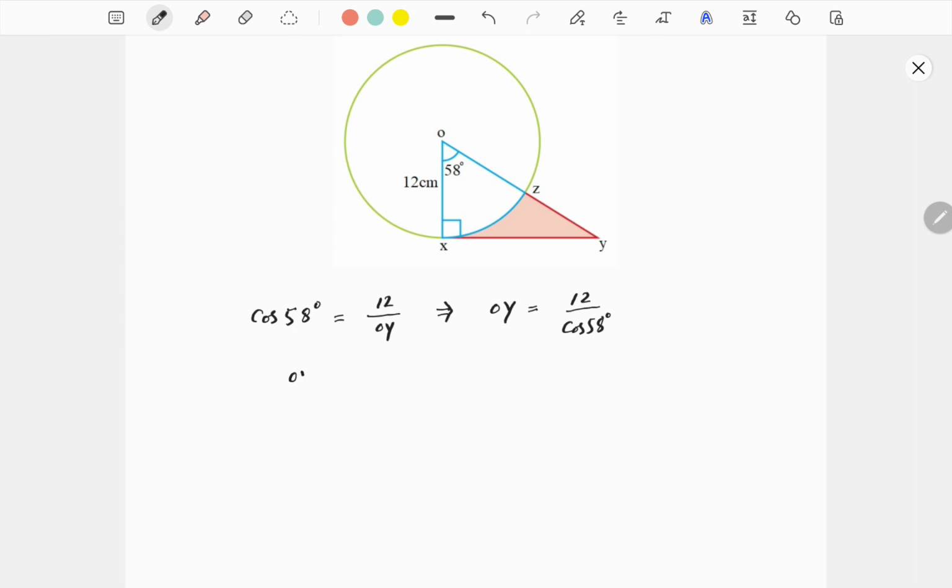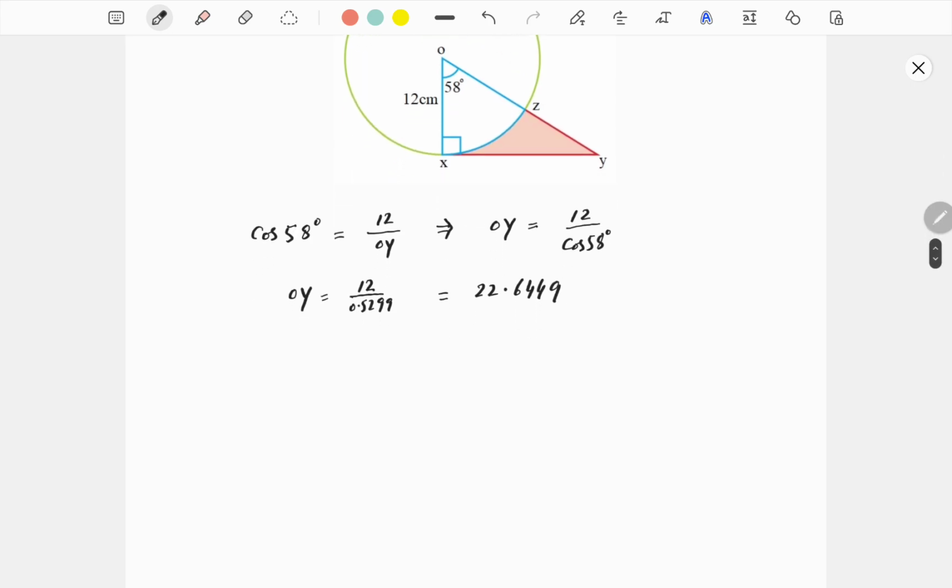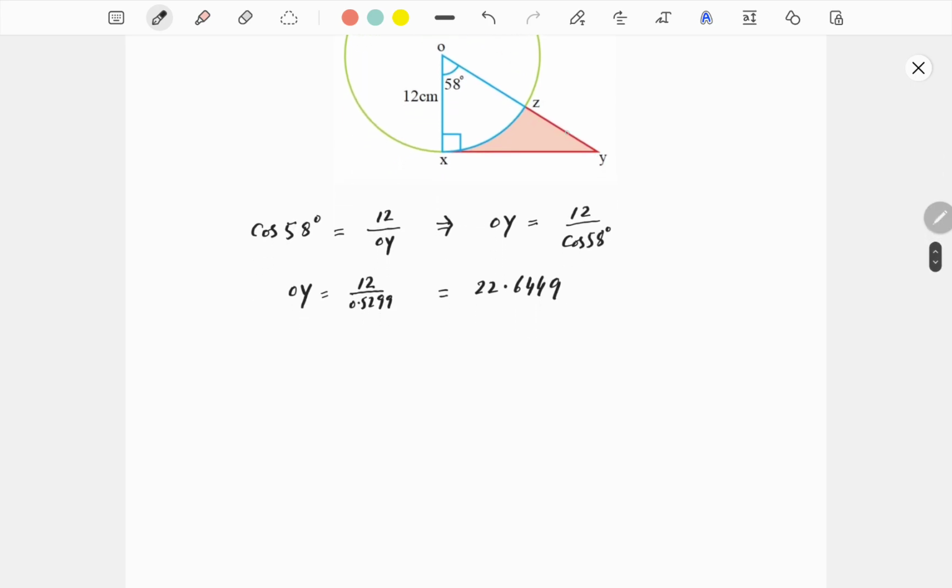So the value of OY is equal to 12 divided by cos 58 degrees, which is 12 divided by 0.5299 approximately, and from here OY is equal to 22.6449. This is the value of OY. From here we only require the value of YZ.